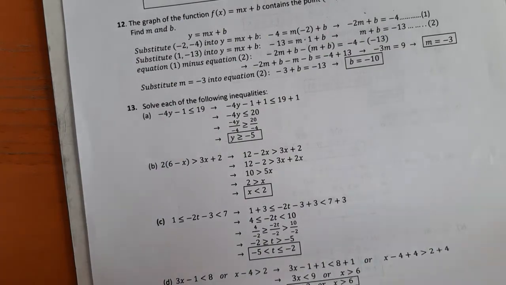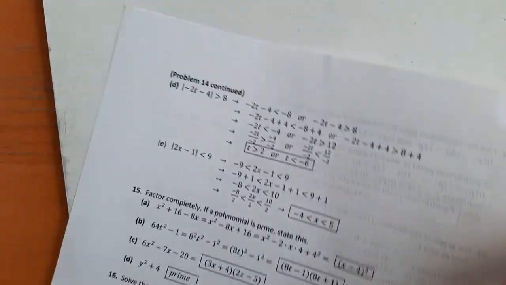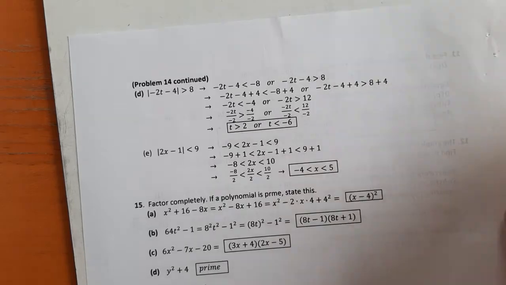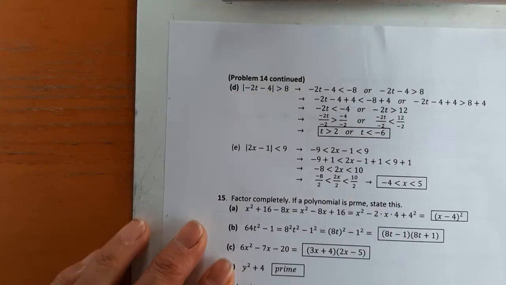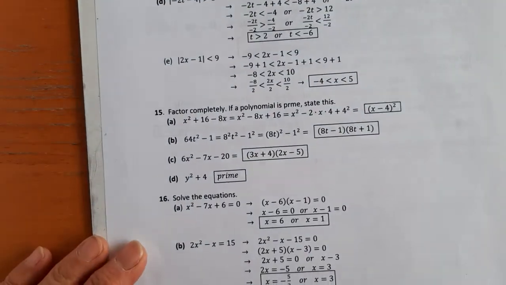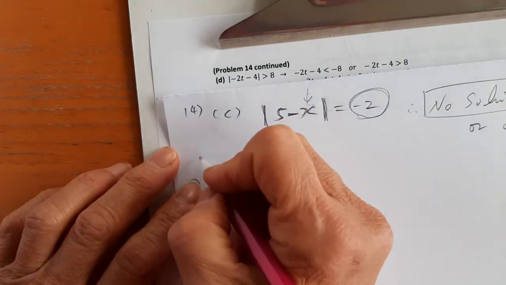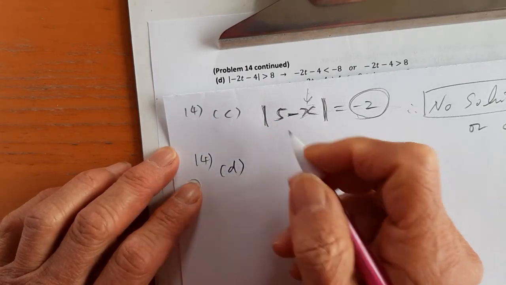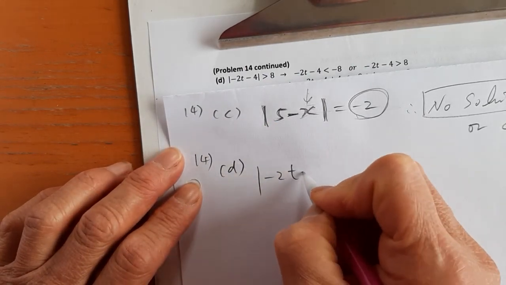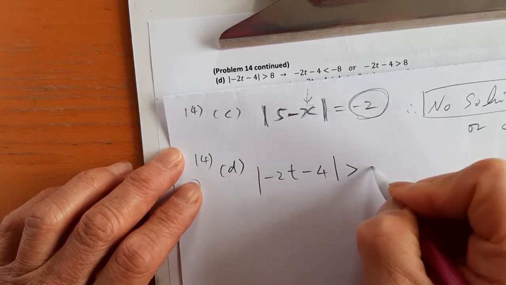Question 14. The next one is 14D. Solve this absolute value, 14D. It's absolute value of -2t minus 4 greater than 8.